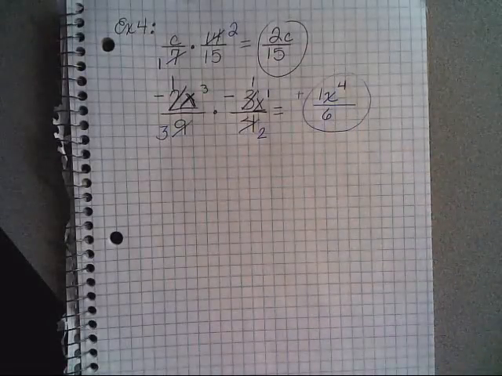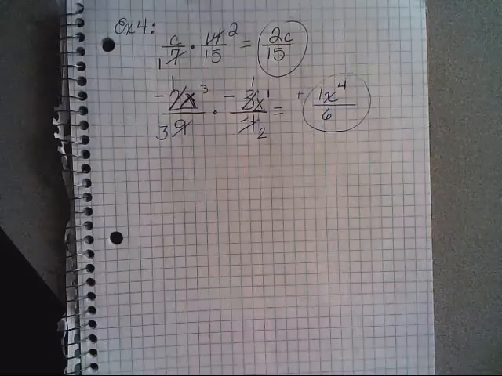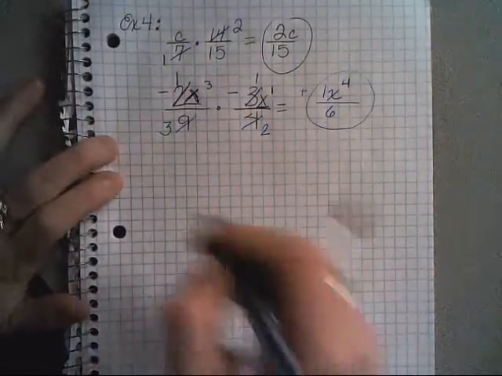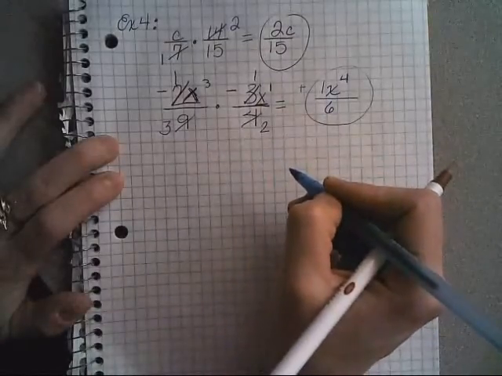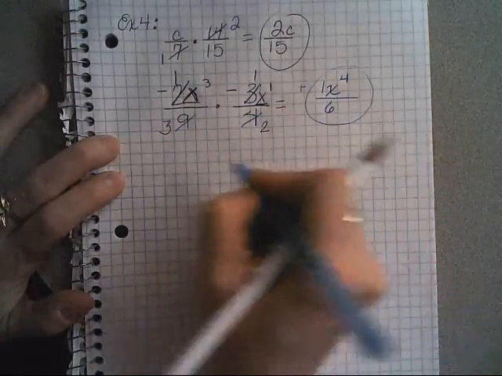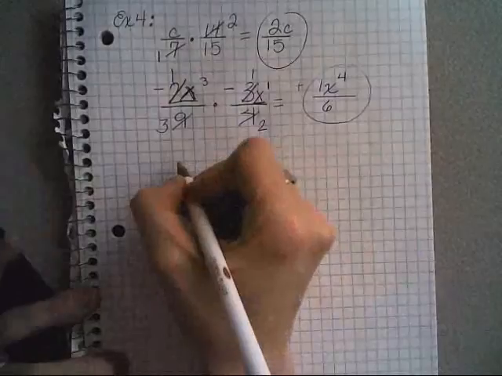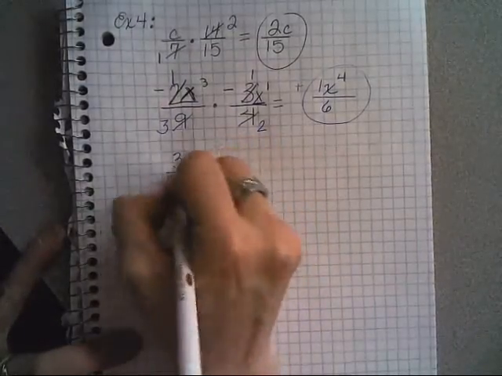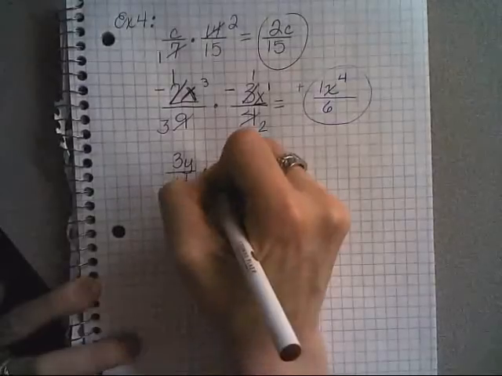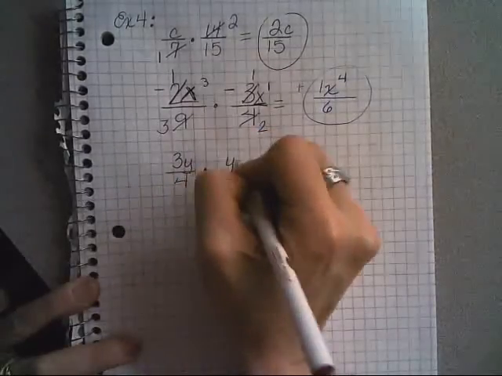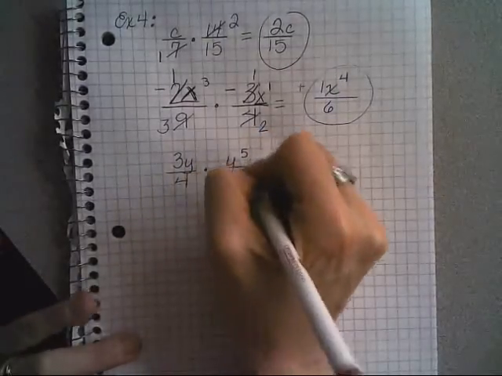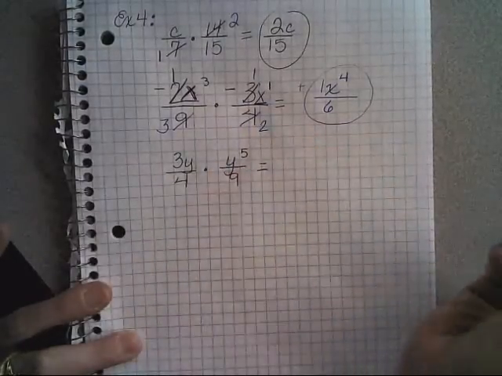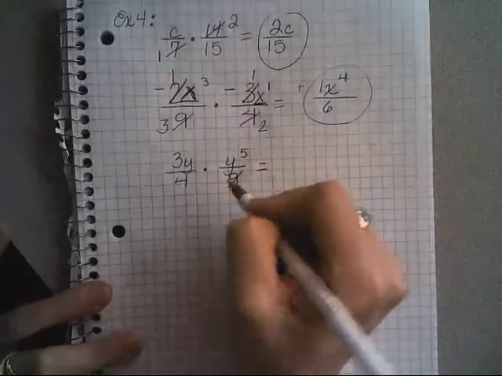All right. Got another example of this. 3y over 4 multiplied by y to the 5th over 9. What can reduce, folks? The 3's. 3 in the 9. Good.